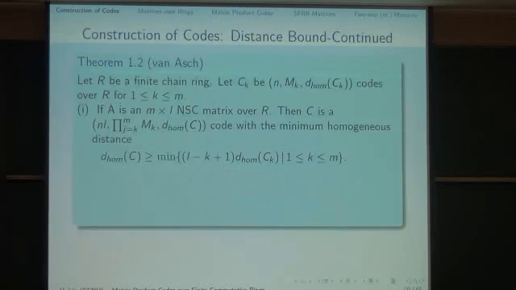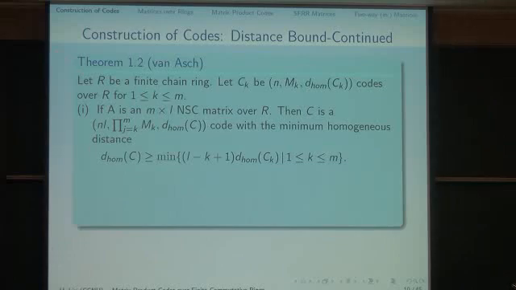In 2008, Asch generalized matrix product codes to finite chain rings, and he used a different weight, the homogeneous weight over finite chain rings.